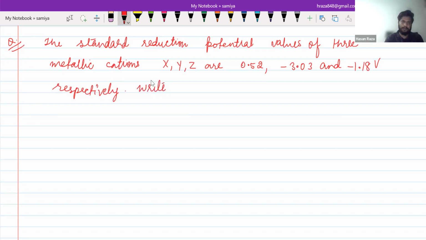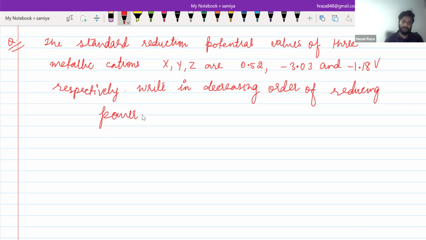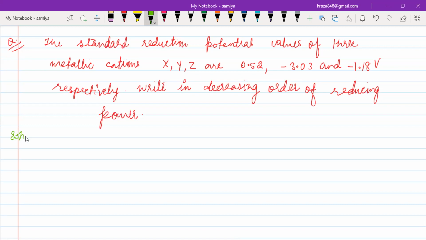Right, in decreasing order of reducing power, please write. Just let me know the answer. Very easy it is.